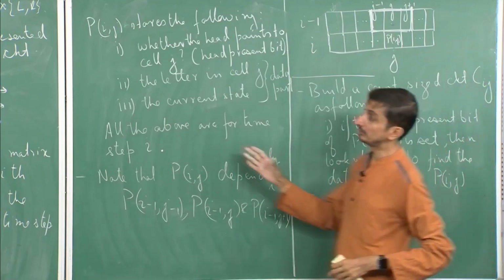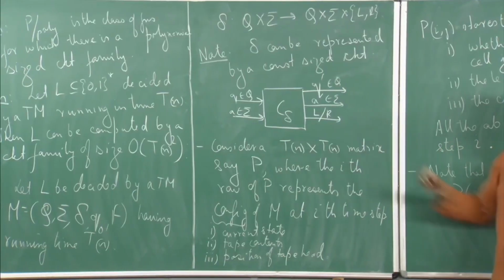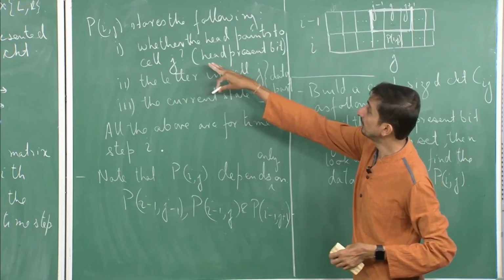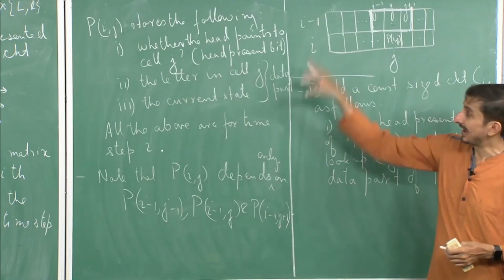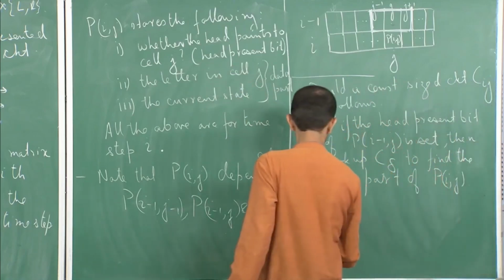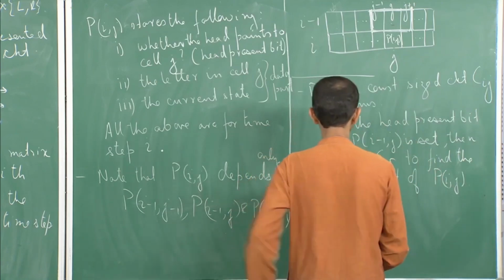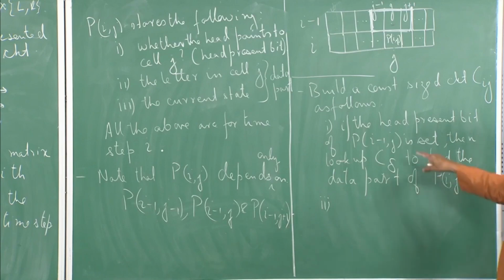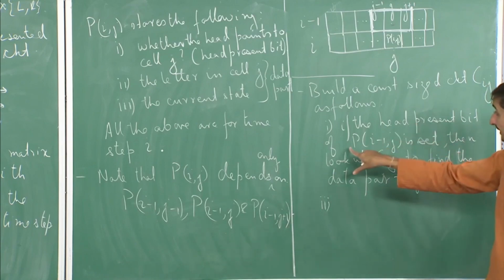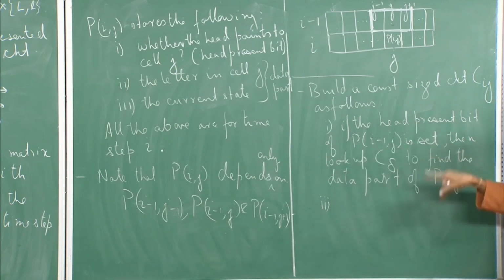Now, what about the left right part? Okay. So, I mean what about the head present bit? No, I am talking only about the data part of Pij. So, if the head present bit of this is set, then this is how I compute the data part of Pij.